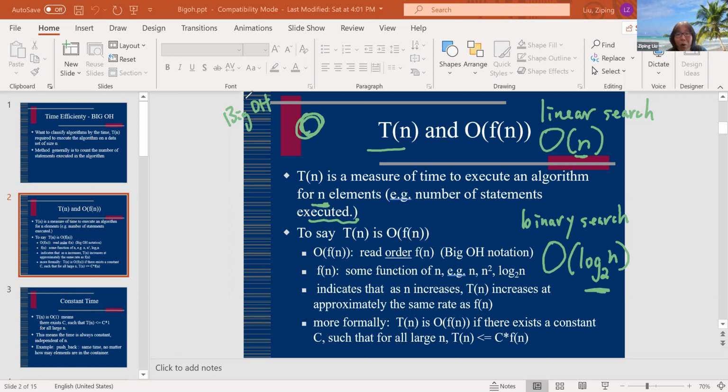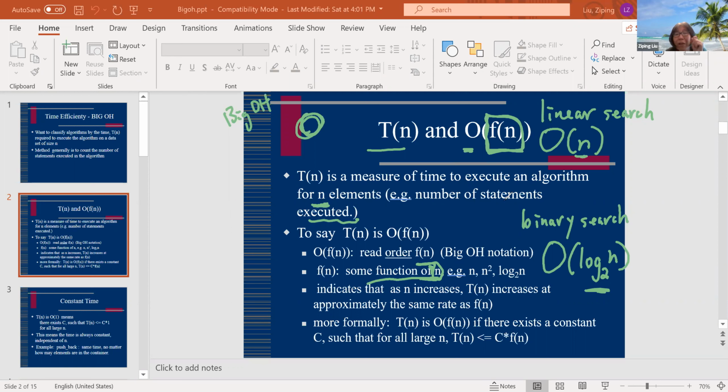So how do you come up with this math function? Basically, it's O, and within this O we care about this f(n). This f(n) is some function on n, where n is the number of input data.